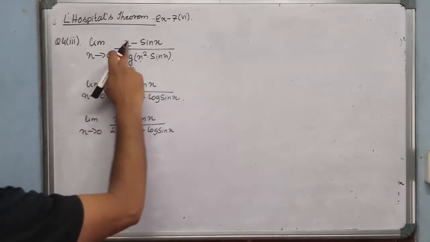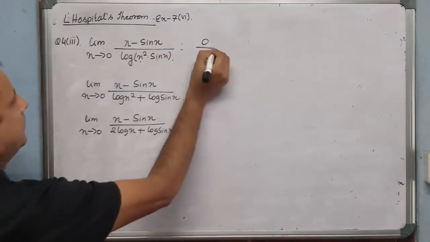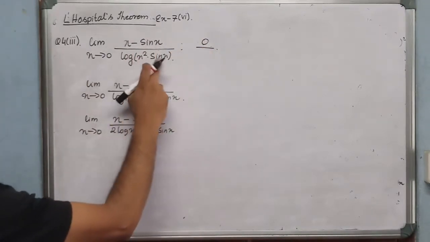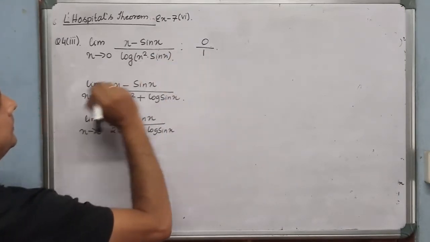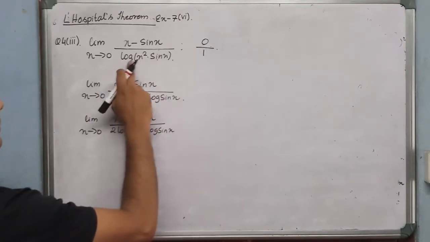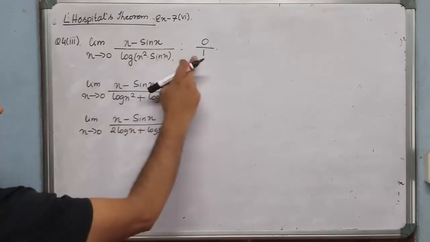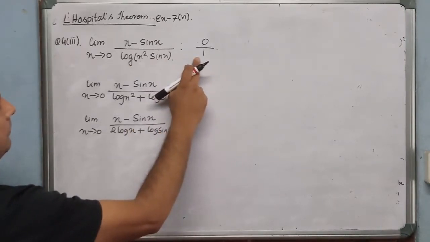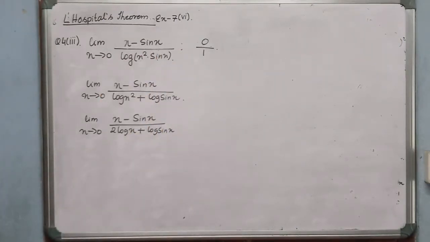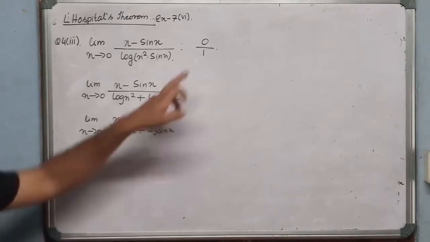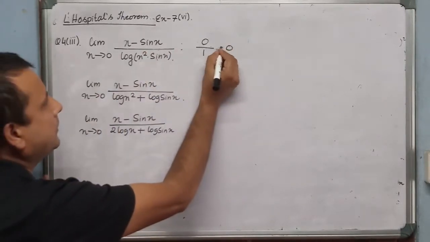If I substitute x tends to 0, 0 minus sine 0 is 0 in the numerator. In the denominator, log x is 0, and sine 0 is also 0. 0 into 0, log 0, the value of log 0 is 1. That means we are not getting a finite answer in this question. We are not getting undefined over here. 0 divided by anything is equal to 0.